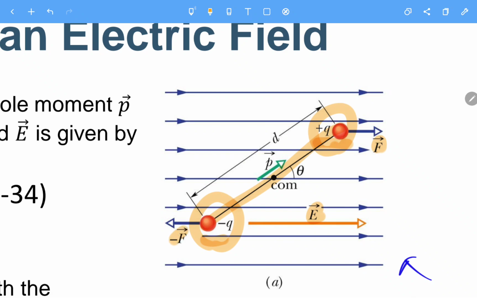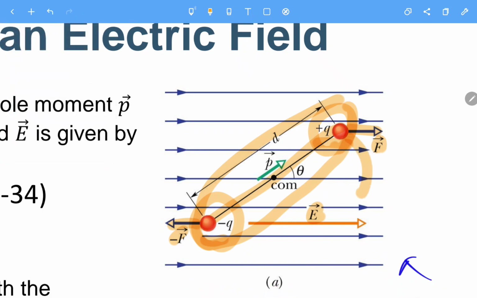So we have a negative F pointing to the left side. So in that case, you can consider this dipole a fixed structure, with a force dragging the top to the right side, and then the bottom to the left side. So it will make the dipole rotate in the clockwise direction.